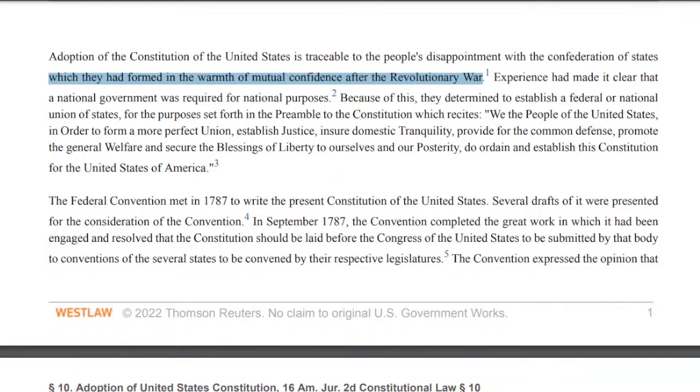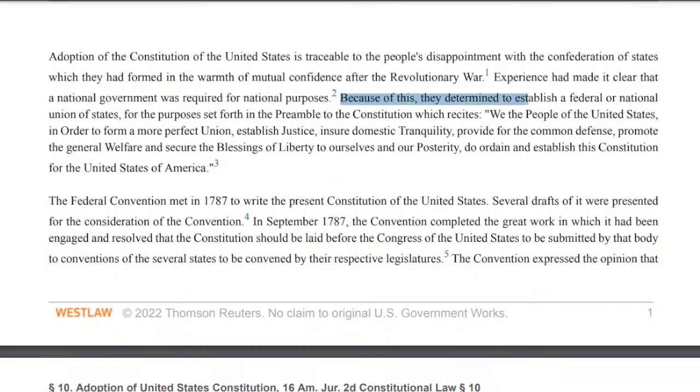Wow. I love this, the warmth of mutual confidence. Experience had made it clear that a national government was required for national purposes.